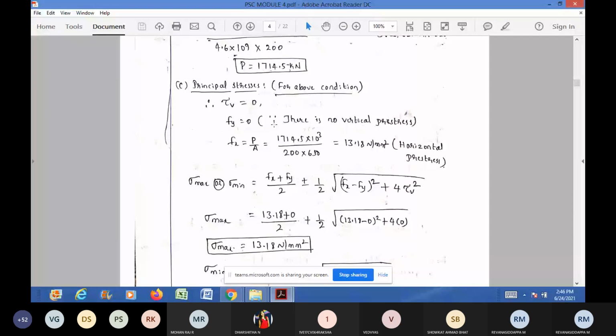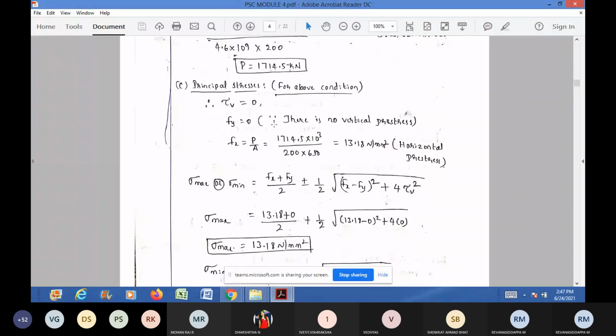If the actual shear stress in the beam exceeds the limit, then, as we provide the pre-stressing cable in the horizontal direction, they will provide a pre-stressing cable in the vertical direction as well. In that case only, Fy will come into the picture. Otherwise it will always be 0. Therefore, write Fy equal to 0 because there is no vertical pre-stress.